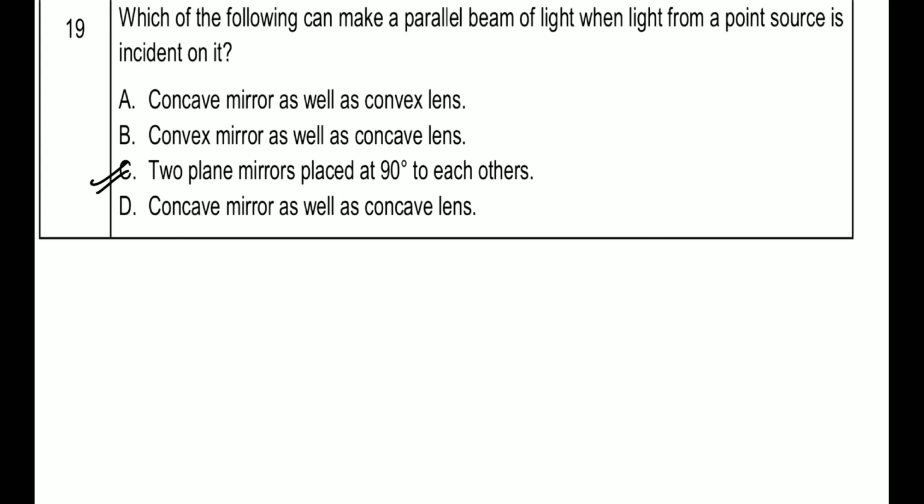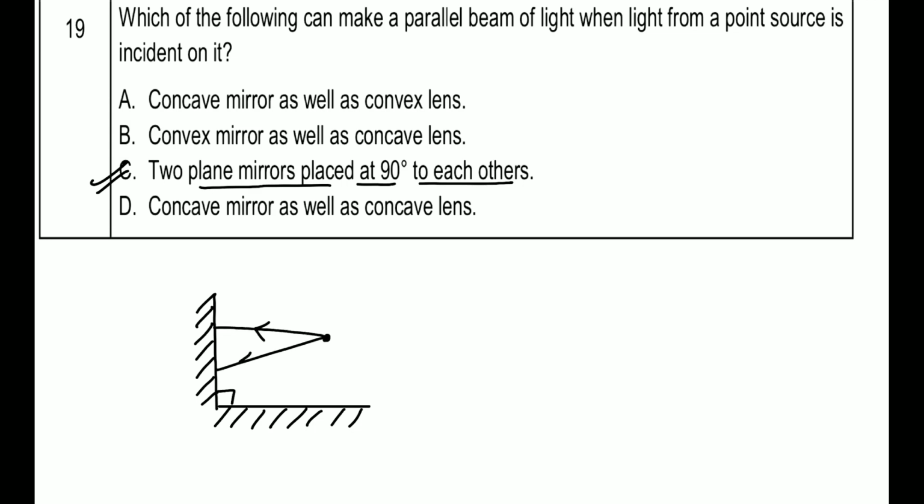In this option, two plane mirrors are placed at 90 degrees to each other. Let's say I have one plane mirror and this is the next plane mirror, placed at an angle of 90 degrees. If I have a point source of light, the light rays will be coming in all possible directions, and they will reflect in different directions.